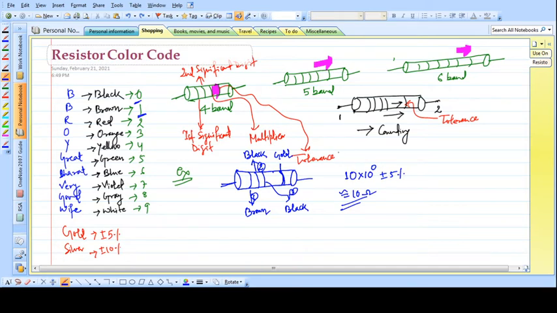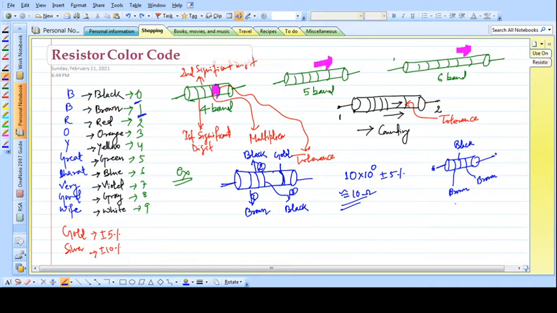Now I want to give one more example. If this one is brown, brown, black, and again brown, three bands, just forget about the tolerance one. It does not affect the resistance value too much for academic purposes.